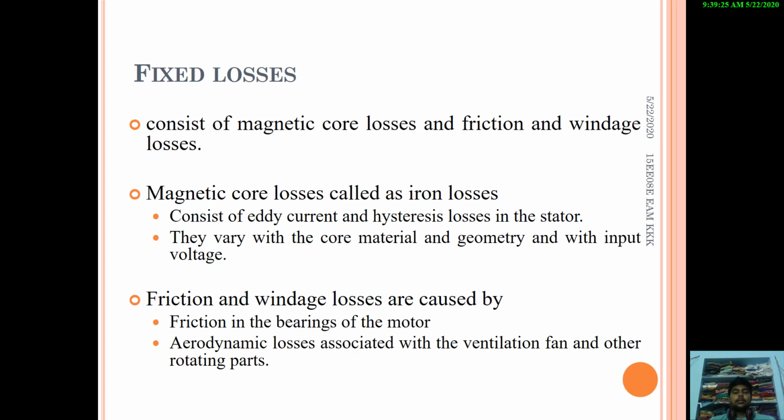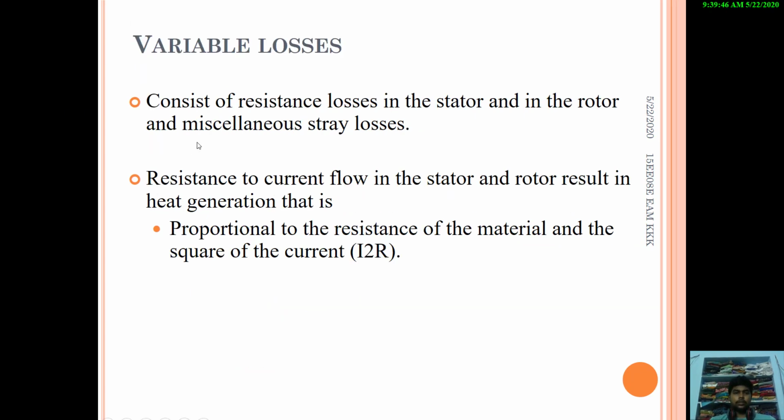They vary with the core material and geometry and with the input voltage. The friction and windage losses are caused by friction in the bearings of the motor and aerodynamic losses associated with the ventilation fan and other rotating parts. These are the fixed losses.